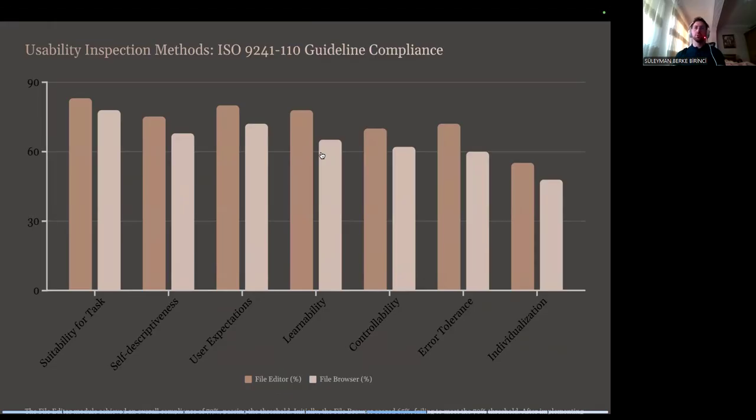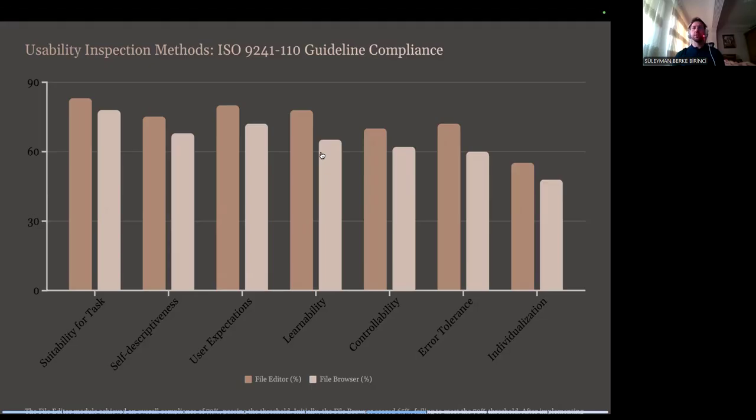To measure usability, we used guidelines that include categories such as suitability for the task, self-descriptiveness, user expectations, learnability, controllability, error tolerance, and individualization. The file editor performed well, scoring above 70% in all categories. This means it passed usability thresholds.